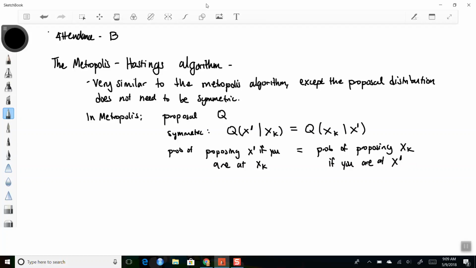Now, for Metropolis-Hastings, basically this requirement is removed.